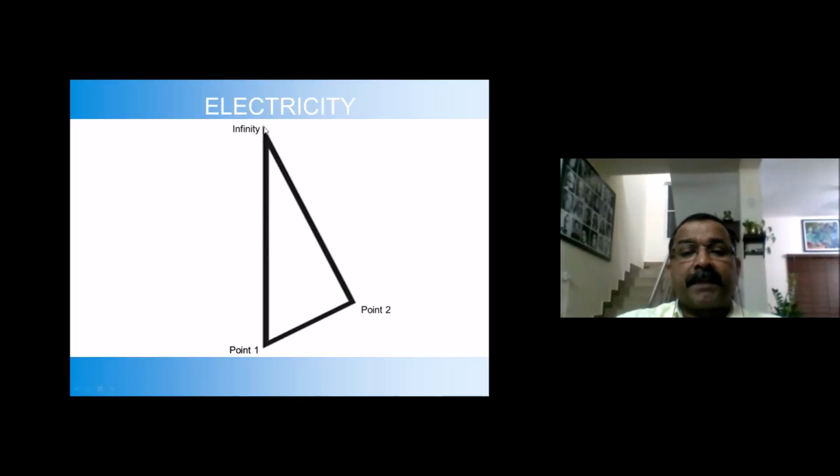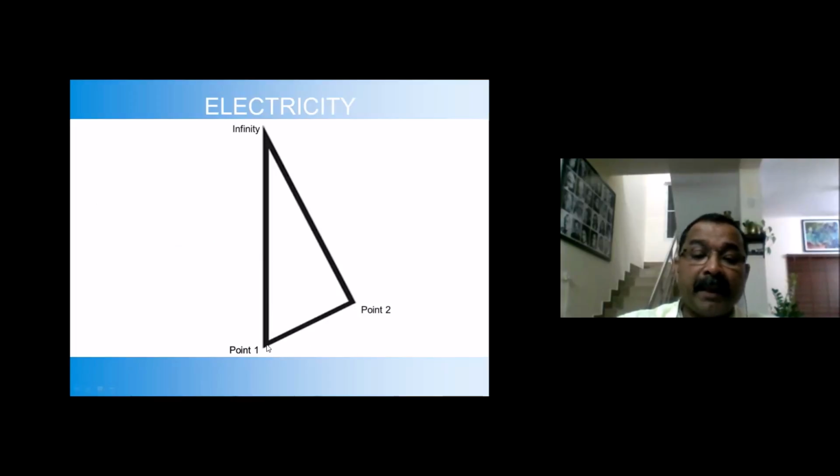So the concept of infinity comes in here as a trick. You have two points here, point 1 and point 2, and we have to define the electrical potential of these two points.